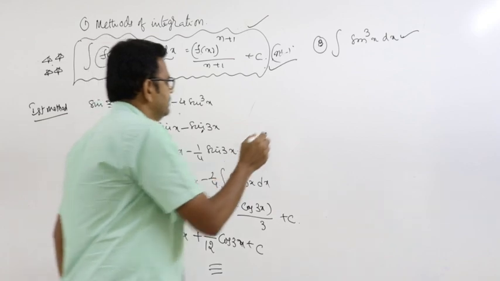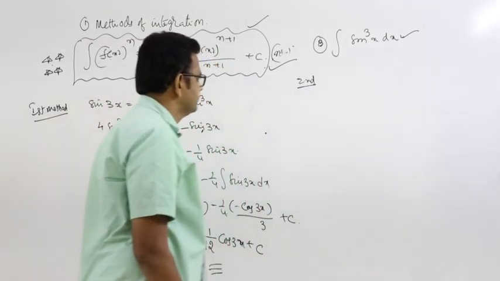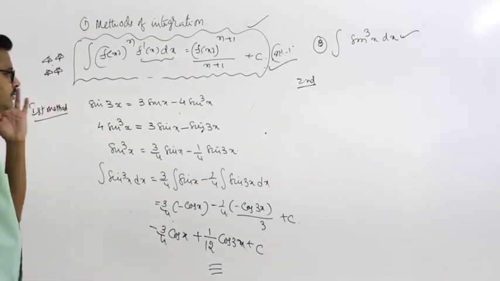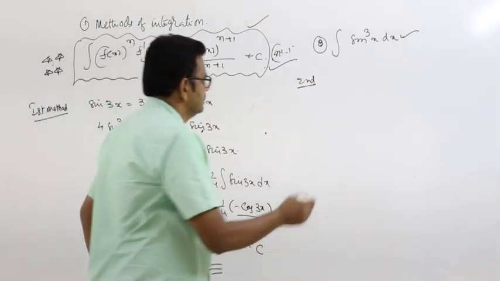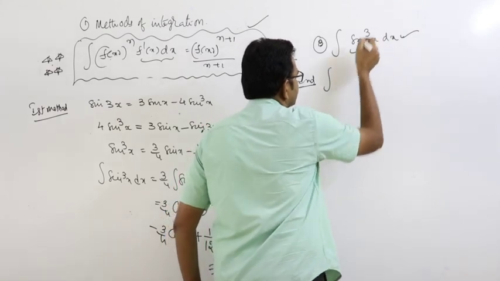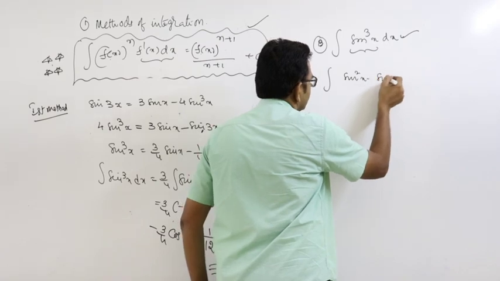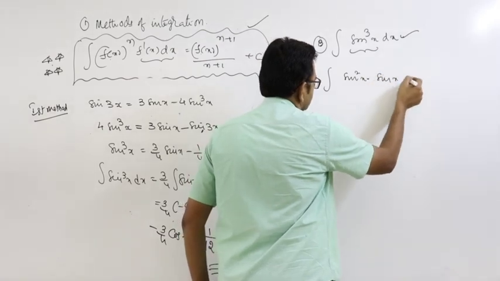And the second one: integral sin cube x can be written as sin square x into sin x dx.